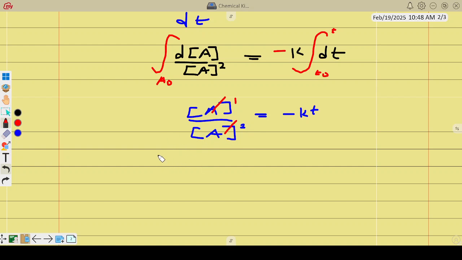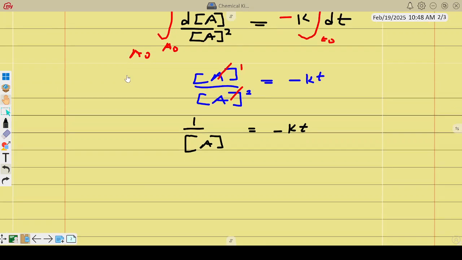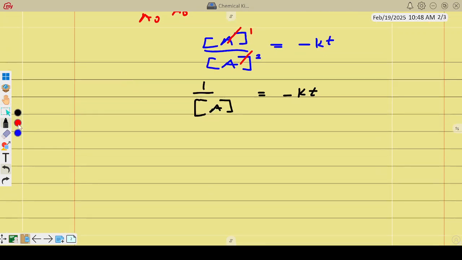So because we're integrating from an initial concentration up to a certain final concentration, when these cancel, we're going to have 1 over A is equal to negative k, and remember that we're integrating from A naught all the way up to a certain concentration.